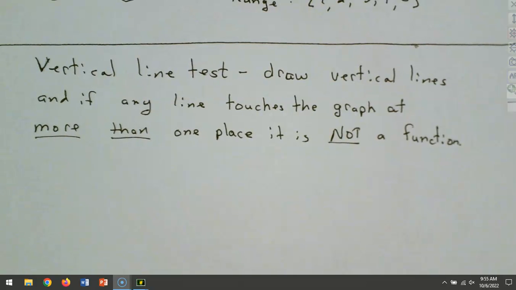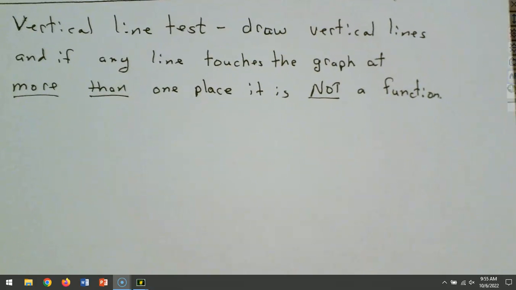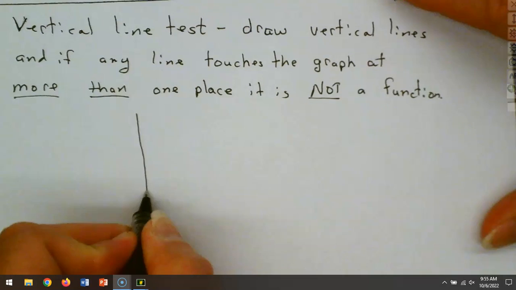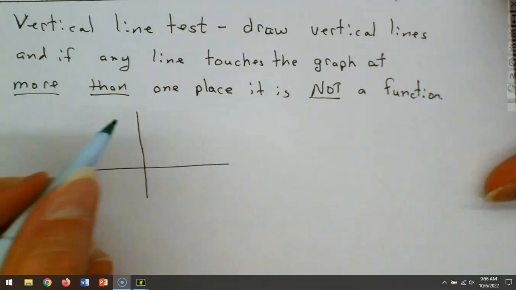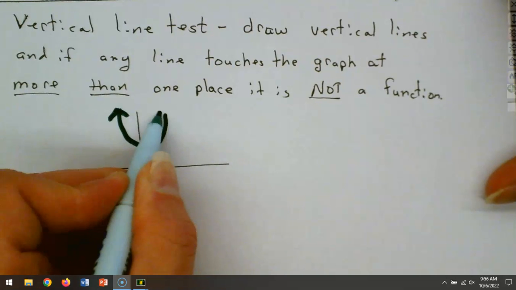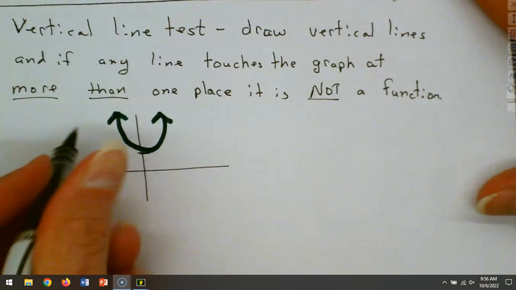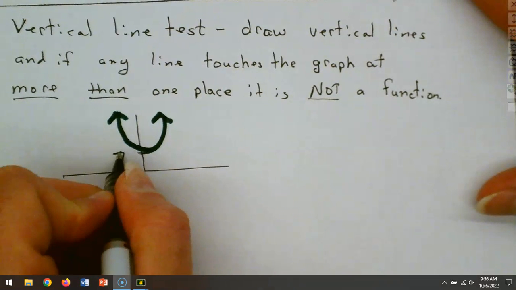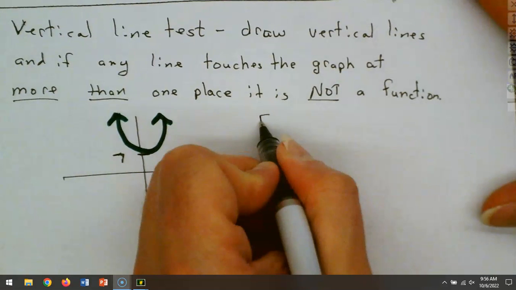So we're going to look at a few of these. We're going to see if these are functions or not, and then we're also going to get the domain and the range. So here's our graph, and let's say this is up here at 7. Now, is this graph a function?